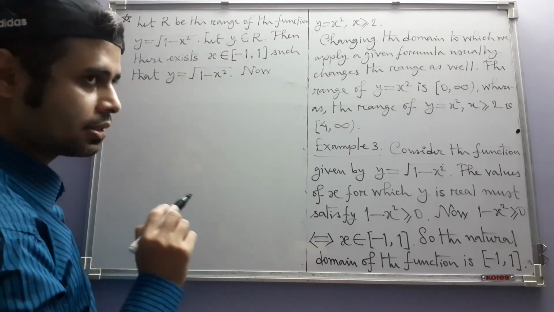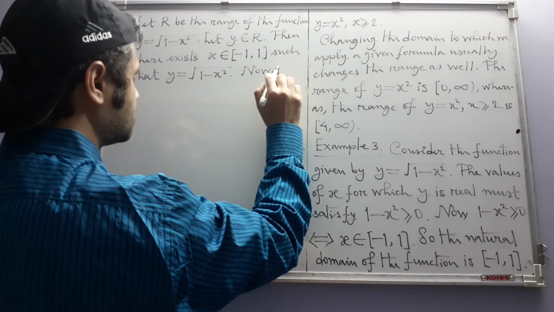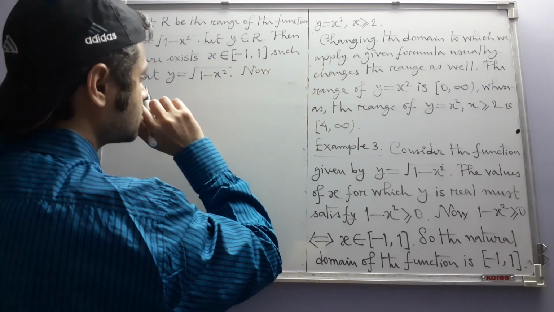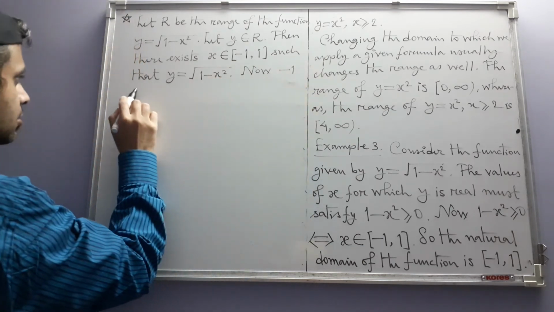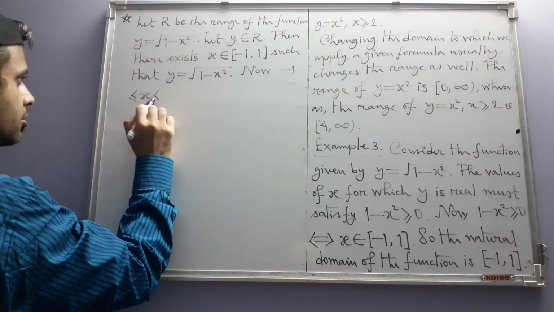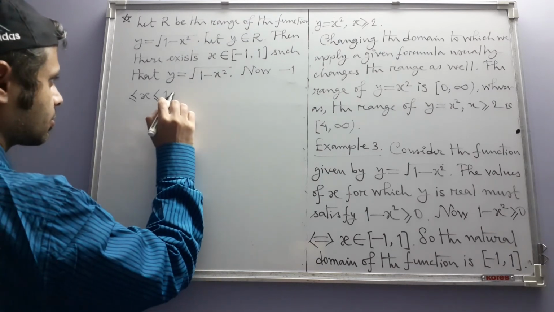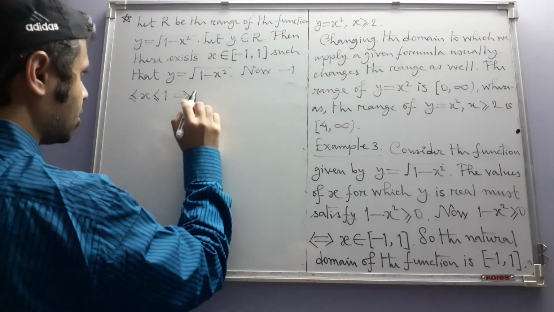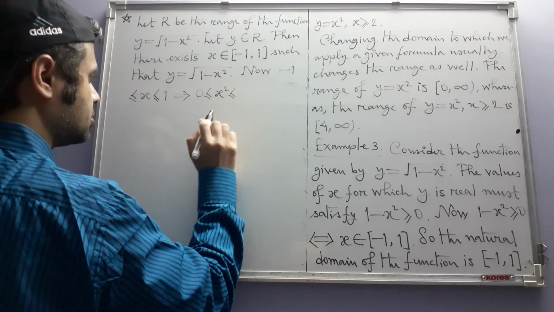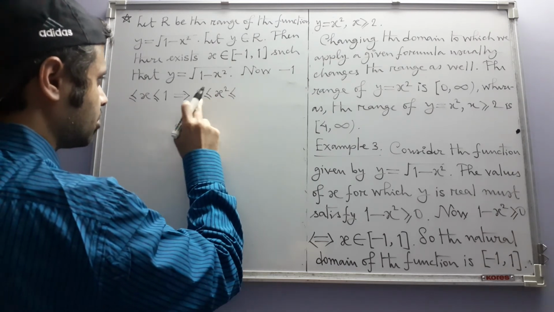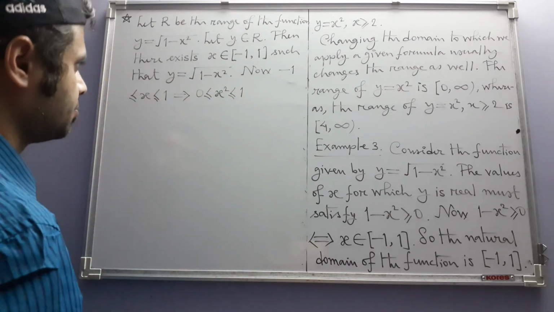Now since x is in this domain, we can use these inequalities. -1 is less than or equal to x and x is less than or equal to 1. This implies x square cannot be negative, x square is non-negative and is itself less than or equal to 1.